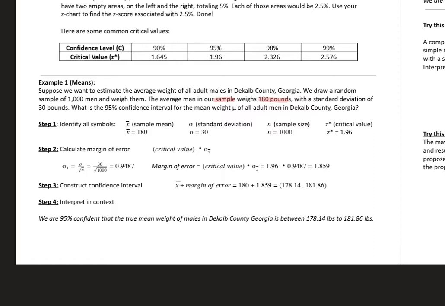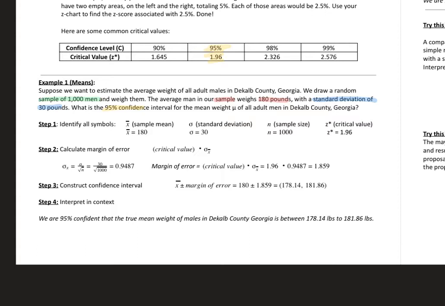Our standard deviation, it says right here, is 30 pounds. Our sample size is 1,000 men, and we use the symbol n to represent sample size. And our critical value is 1.96, because we are calculating a 95% confidence interval, and 1.96 is the critical value that we use.